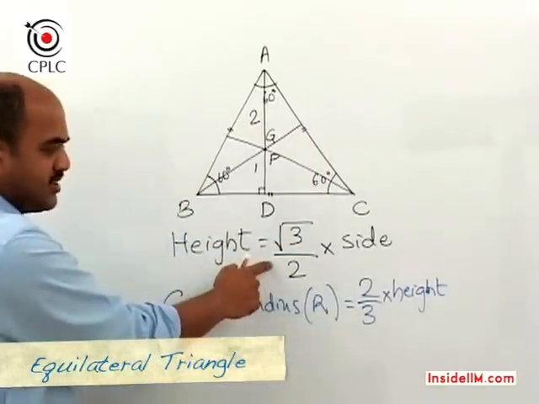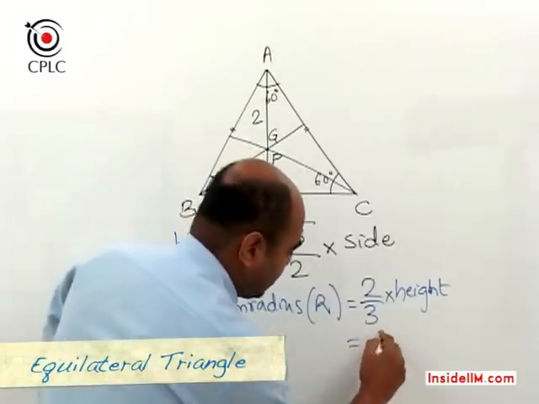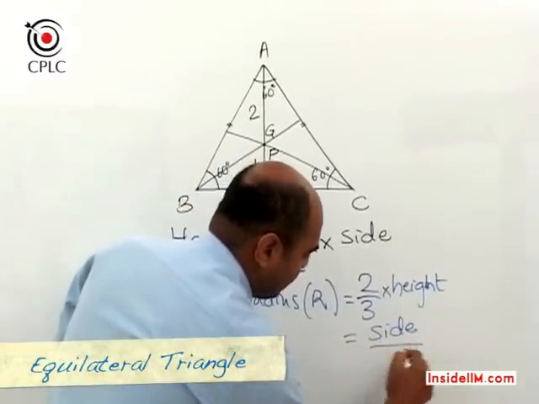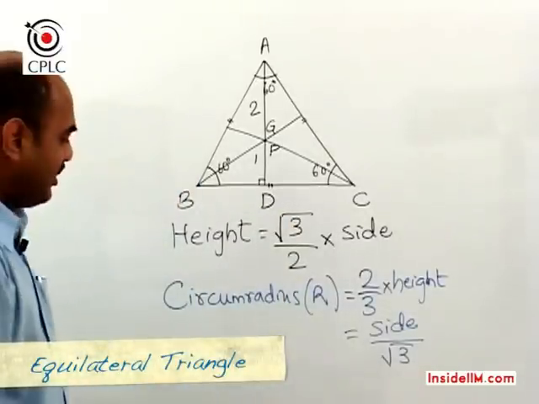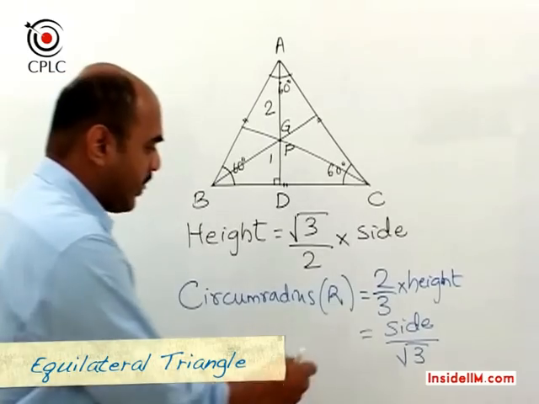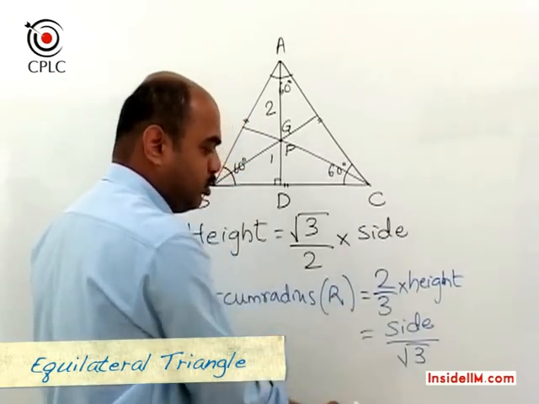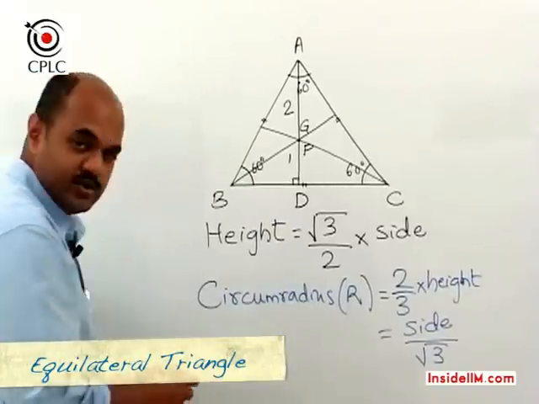And since the height is √3 by 2 of the side, this would be nothing but side divided by √3. So the formula for circumradius in an equilateral triangle is 2/3 of the height, which is nothing but side upon √3.